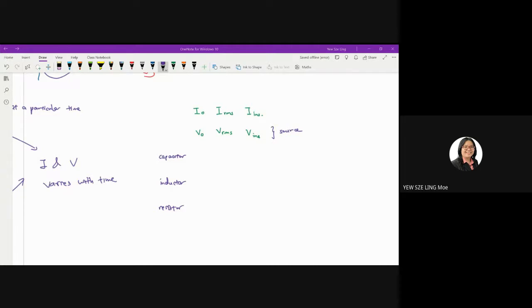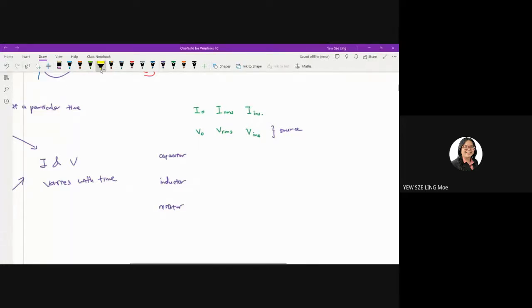The V belongs to which component? VRMS belongs to which component, and so on. Now, by default, if the question doesn't tell you whether that is I naught, IRMS, or instantaneous, V naught, VRMS, or V instantaneous, by default we assume it is the RMS value, because that is our effective value.